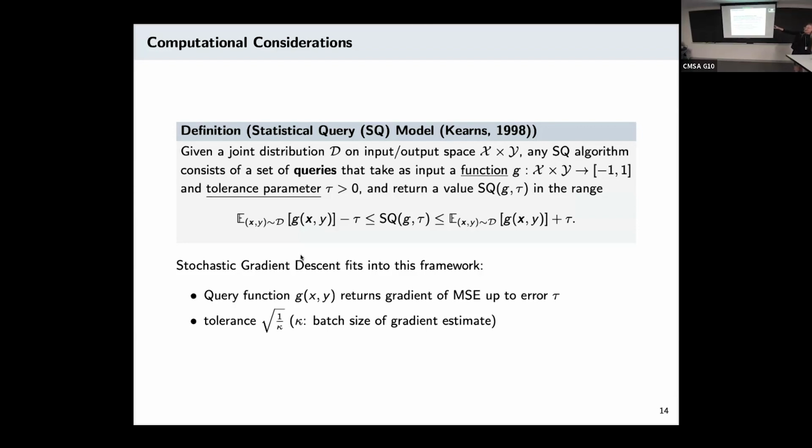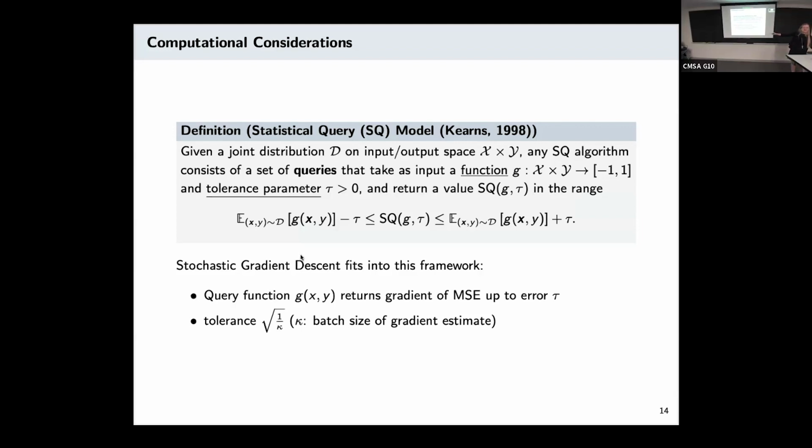If we look at what this means on the example of stochastic gradient descent, the query function would return the gradient of the mean squared error, or an estimate of it, a gradient estimate in the stochastic setting, up to some error.